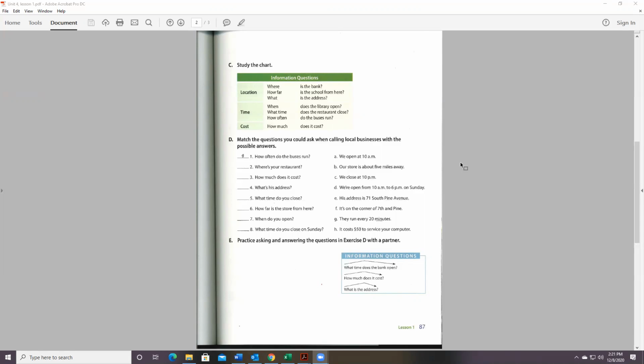How often do the buses run? How much does it cost? Okay, now we talk about cost. Okay, we use words such as how much does it cost?